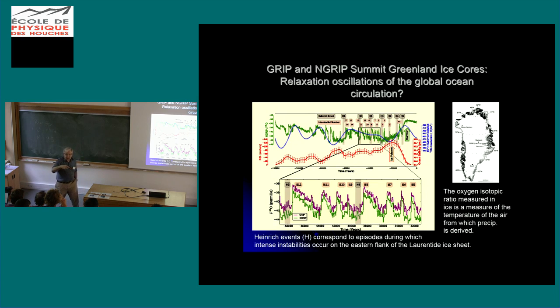The reason for this is that when precipitation occurs over the ice sheet out of the atmosphere, there is an isotopic fractionation process, just as there is a fractionation process when water vapor is lifted out of the oceans and transported towards this ice sheet, following which it precipitates.